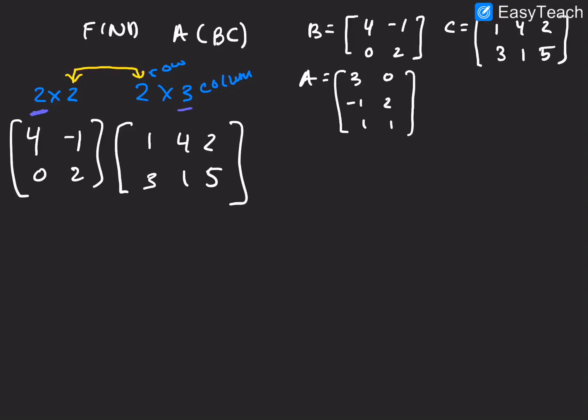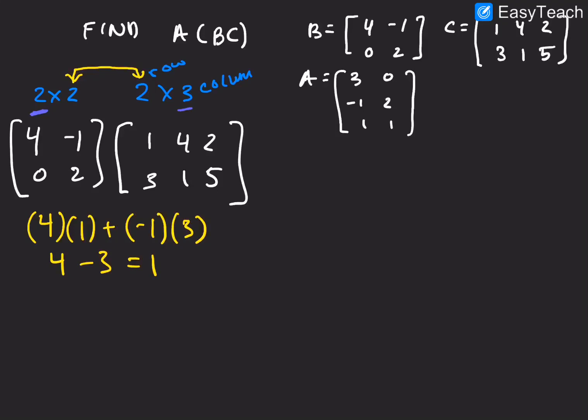So let's go ahead and multiply this. We're going to take this first row, 4, -1, and multiply by this first column. Okay, I think I should write it out. I don't want to get confused either. So we have 4 times 1 plus -1 times 3. So that's 4 minus 3, which is 1.